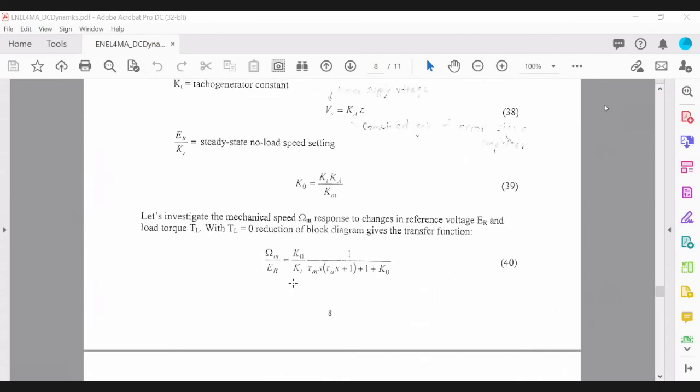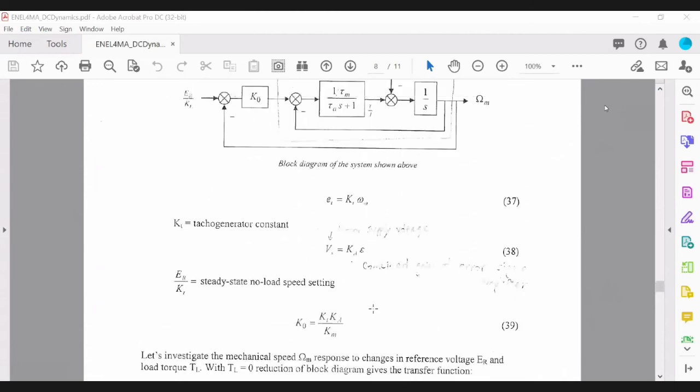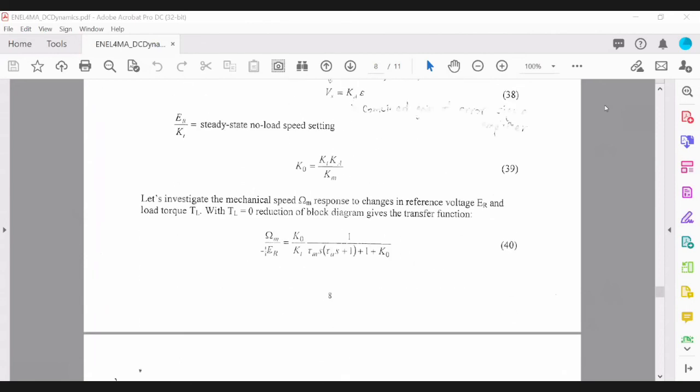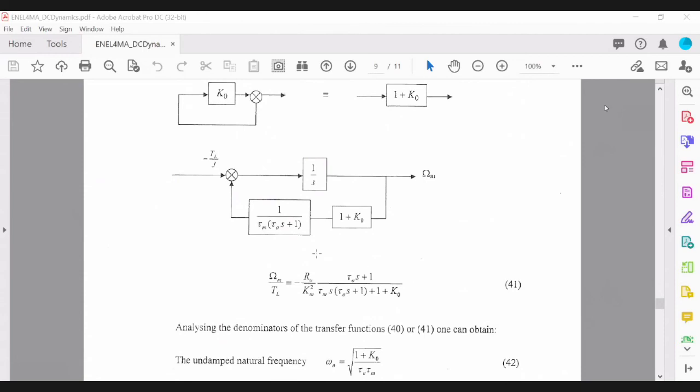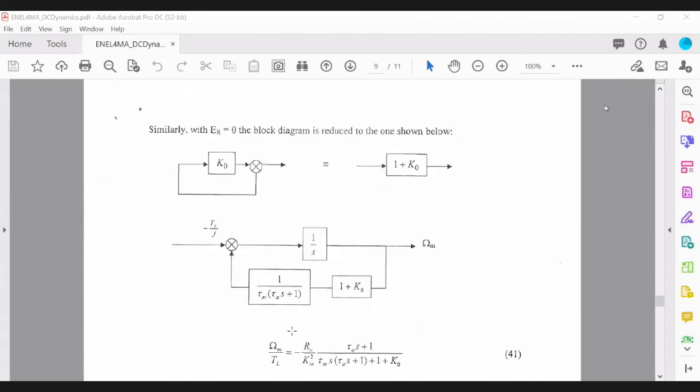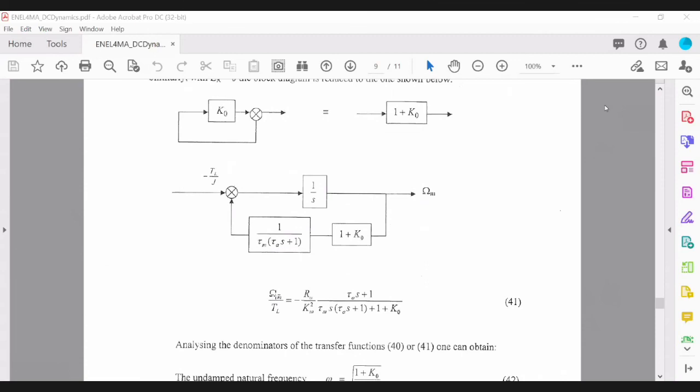system. So now let's investigate the mechanical speed response to changes in the reference voltage and the load torque. From this block diagram here, you can write the equation. So delta omega m over ER is given by this equation here. When we simplify it, we end up with this transfer function. That's relating omega m versus the load torque on the motor.